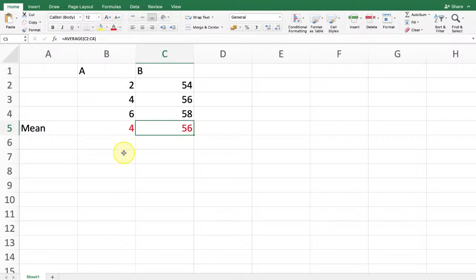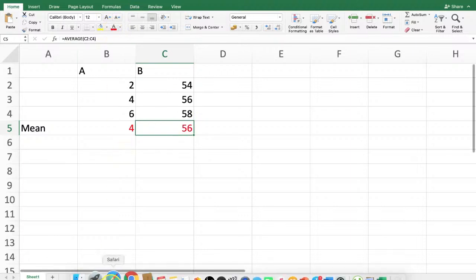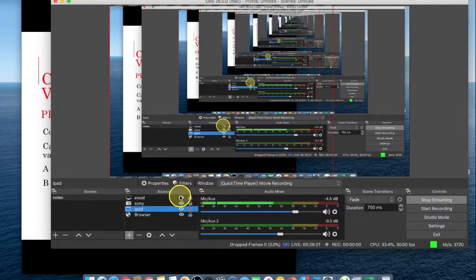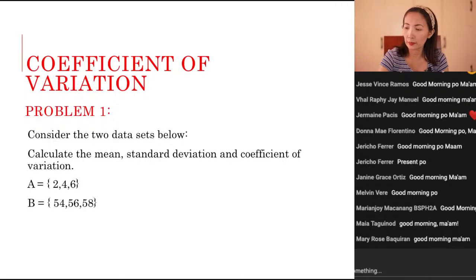How about the standard deviation? Going back to the problem, it also requires the standard deviation and then later the coefficient of variation, because we cannot solve for coefficient of variation unless we know the standard deviation.